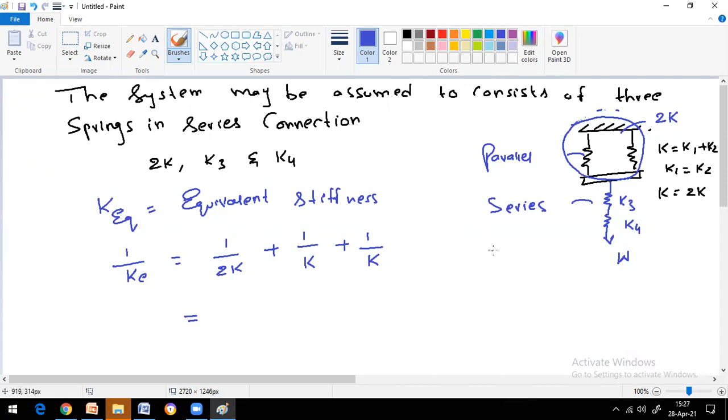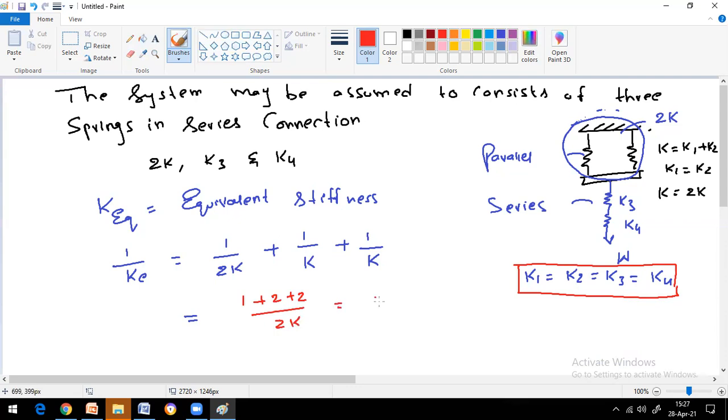Because K1, K2, K3, K4 are the same. Just before, we made it clear that all stiffness of the springs are the same. So 1 by 2K plus K3 can be written as 1 by K, and K4 as 1 by K. All together, 1 plus 2 plus 2 by 2K, which is equal to 5 by 2K. So this is the equivalent spring.